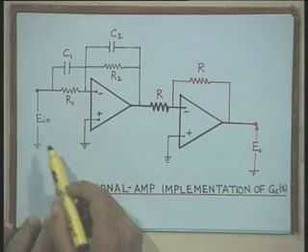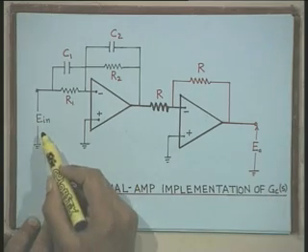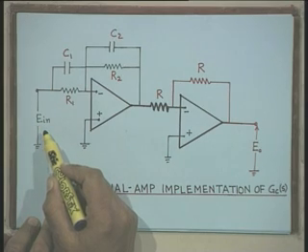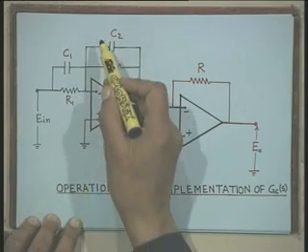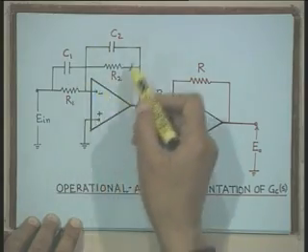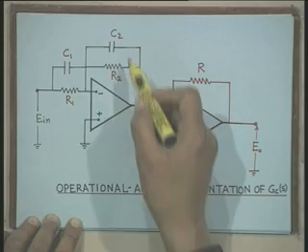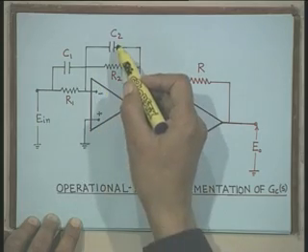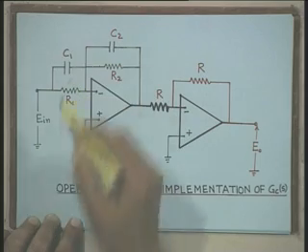The transfer function relating the output voltage EO to the input EIN can be simply obtained by writing the operational impedance of this R2 C2 in parallel and R1 C1 in parallel.